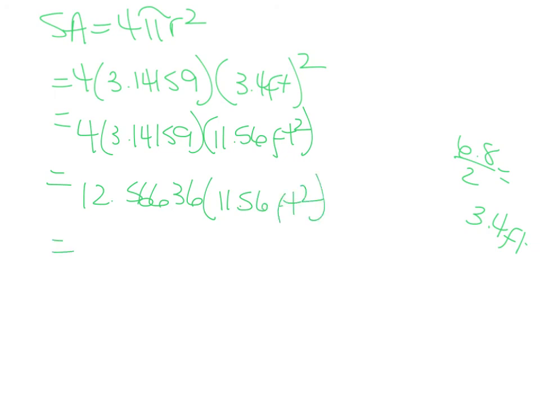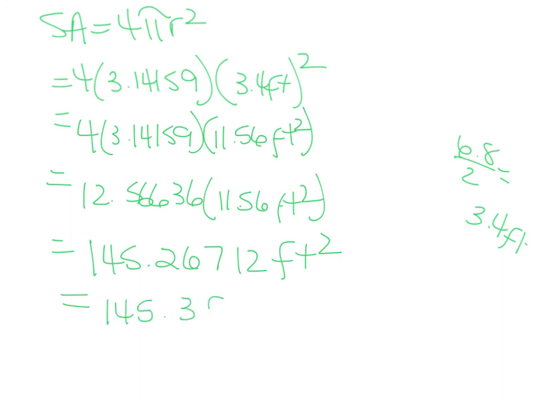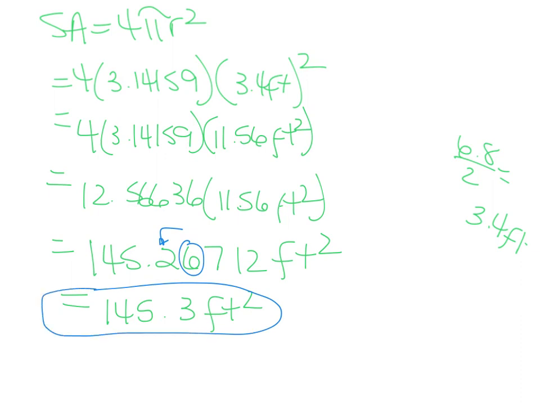Now I'm ready to take that 12.56636 times 11.56, and that gives me 145.26712 feet squared, which means to the nearest tenth, that's 145.3 feet squared, because the 6 tells you to round up the 2. So my answer for surface area is 145.3 feet squared.